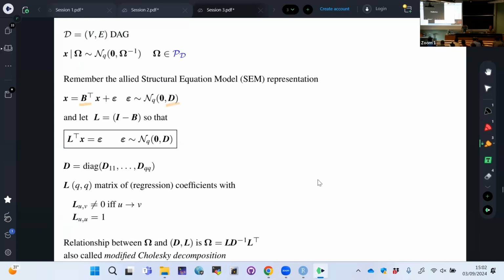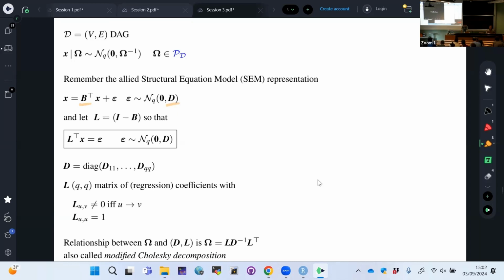The reason is that even in Bayesian inference, it is easier to structure a prior on these two parameters, because we know exactly what the constraints imposed by the graph on the B matrix are, the zero entries in B, rather than in omega for a DAG.